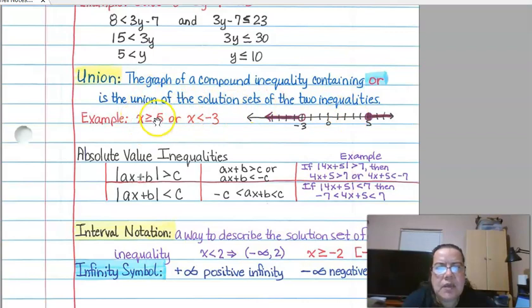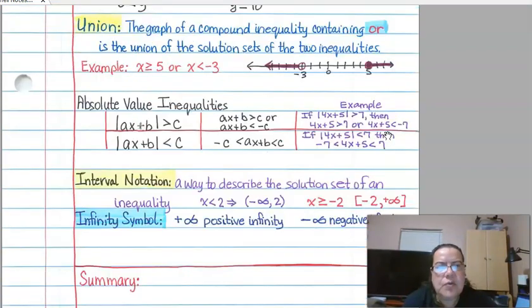So here x is greater than or equal to 5. There is a 5, color it in, and it's greater, so it's this way. Or the x that I'm looking for can also be less than -3. You've got the -3 here not colored because there is no bar, and x is less than is this way. So the x that I'm looking for is either in this area or in this area right here.